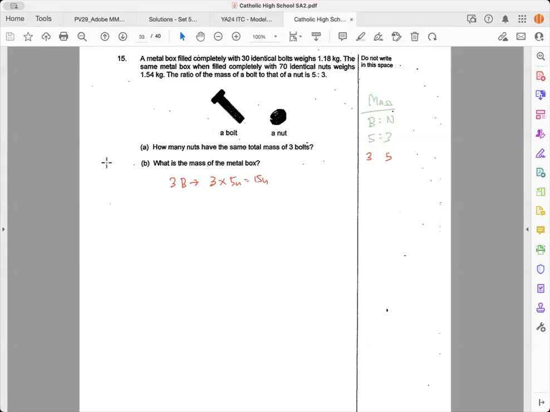Each nut has a mass of 3 units, right? So 15U divided by 3U is 5. Therefore, 5 nuts has the same mass as 3 bolts. So the answer is 5 nuts.